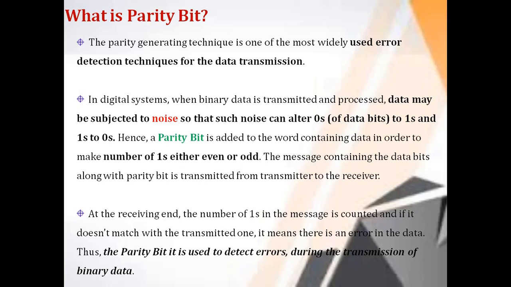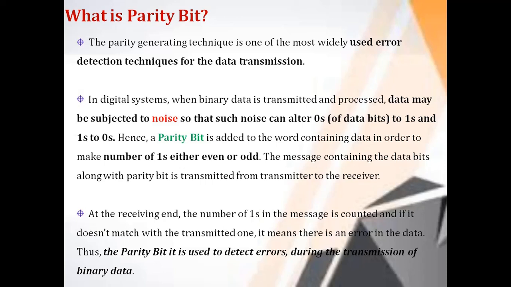At the receiving end, the number of ones in the message is counted. If it does not match with the transmitted one, it means some error has occurred and this is not our original message.